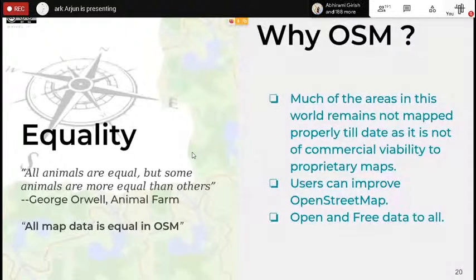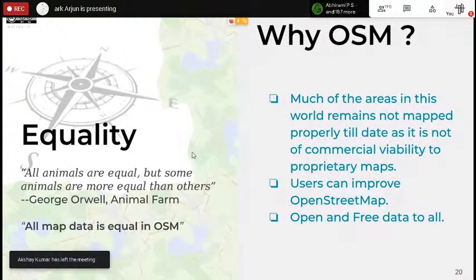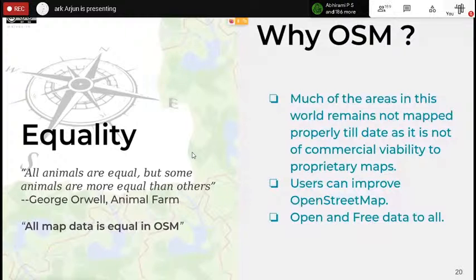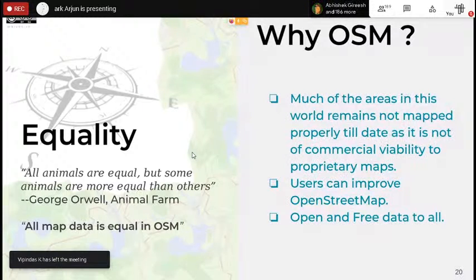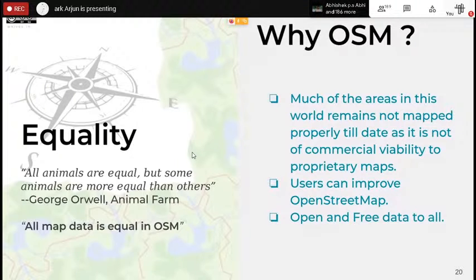If you take that area in any of the commercial maps, it is almost just a road or the national highway. Beyond that, the commercial companies don't have the commercial viability to spend time mapping all those areas. So what do the users of that area do?